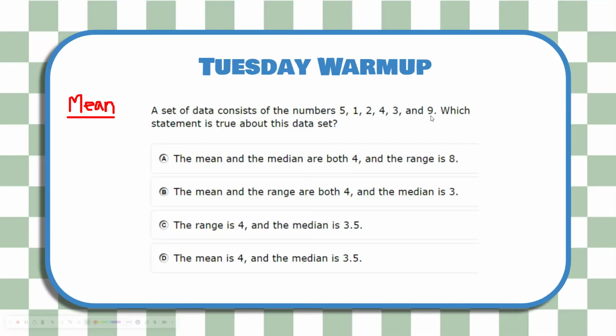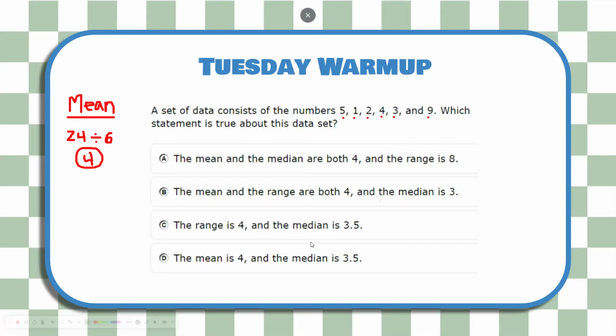Don't forget about that 9 over there after the word and. So we got 5 plus 1 is 6, plus 2 is 8, plus 4 is 12, plus 3 is 15, plus 9 is 24. So the sum is 24, dividing that by 6 numbers, the mean would be 4.